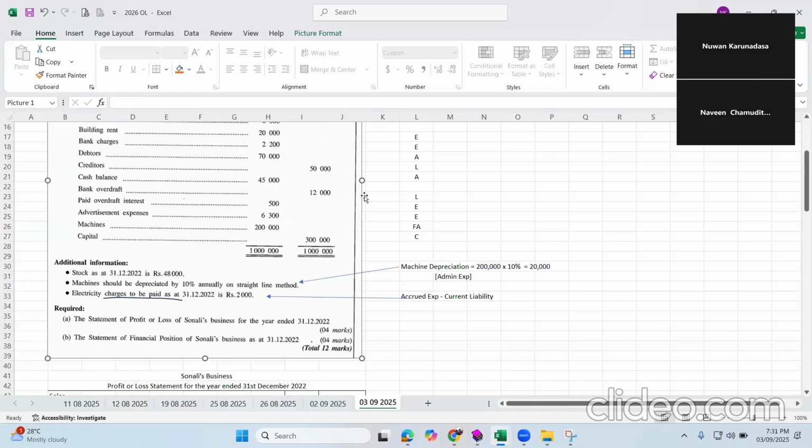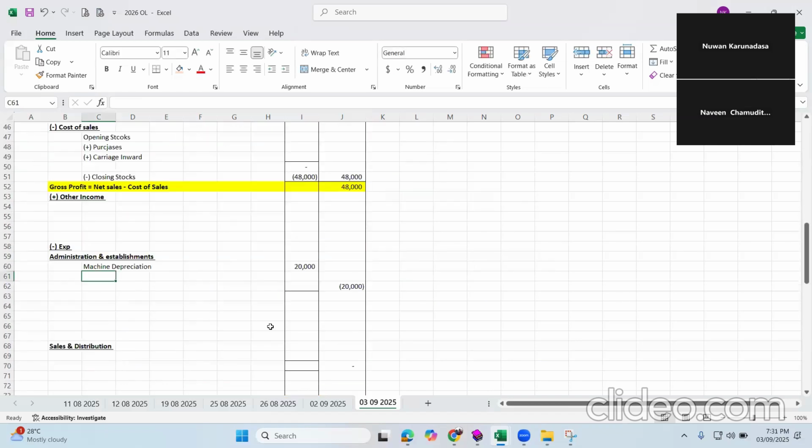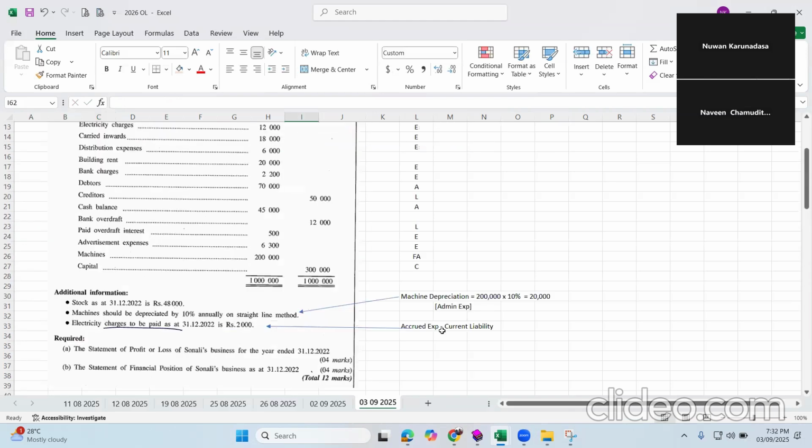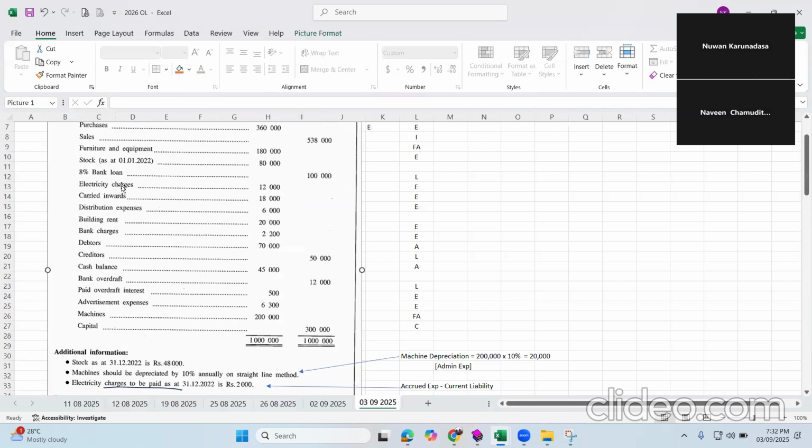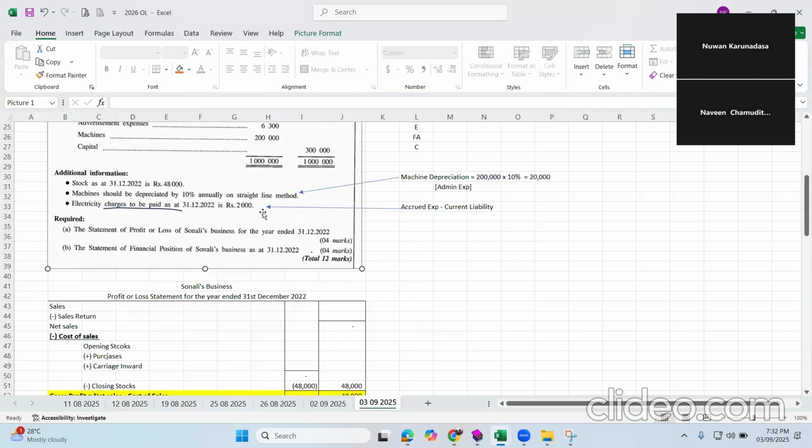Then the total expense: paid amount 12,000, unpaid amount 2,000, total expense to the income statement will be 14,000. Under the admin you can say electricity equals 12,000 plus 2,000. Here the total comes to 14,000. Right? So just look at it. Electricity charges 12,000, unpaid amount 2,000.